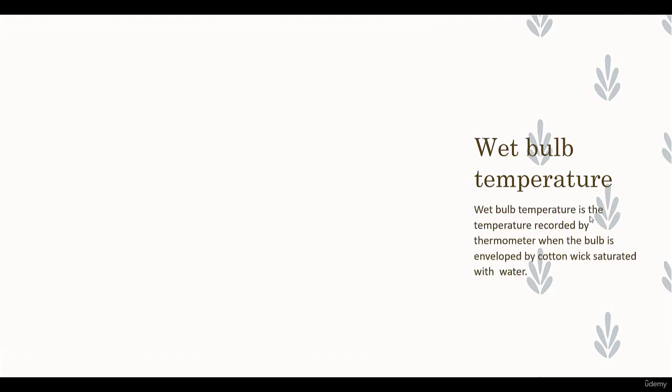So next one is wet bulb temperature. Wet bulb temperature is the temperature recorded by a thermometer when the bulb is enveloped by a cotton wick saturated with water. So let's suppose we have a thermometer, and we envelop it with cotton that contains some droplets of water, then we measure the temperature of the environment.